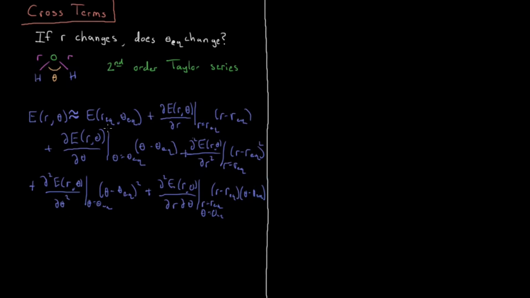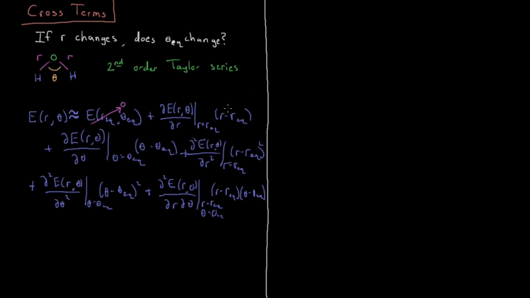Okay, so now going through these terms, collecting them up. This is defined to be 0. The energy is defined to be 0 at the equilibrium bond length and bond angle. The first derivative at the minimum with respect to r, so the first derivative of r evaluated at the equilibrium, is the minimum of the parabola.